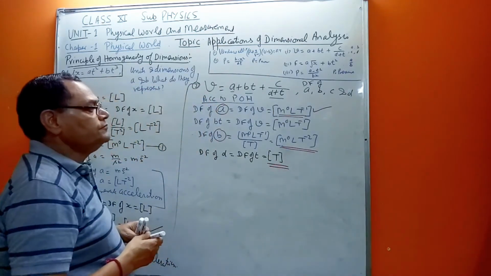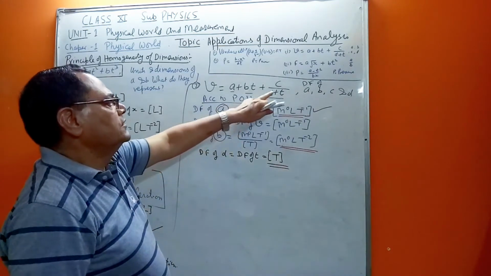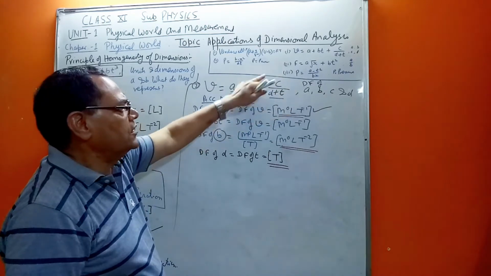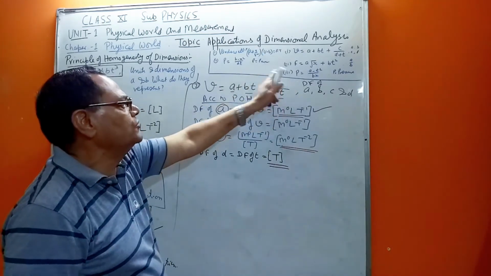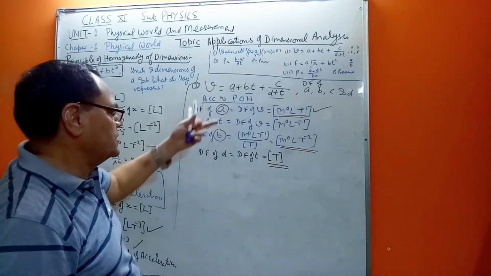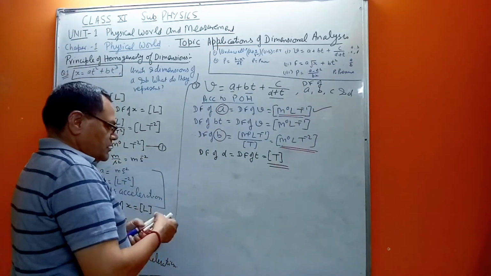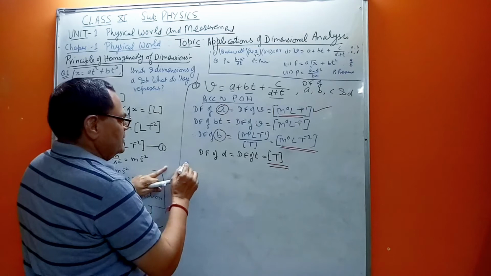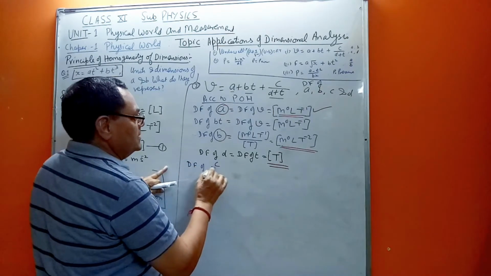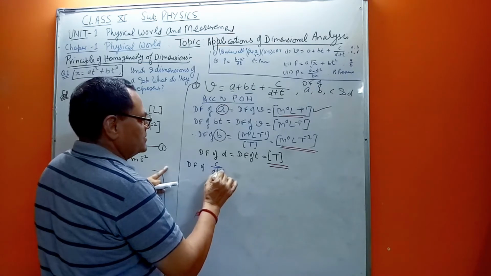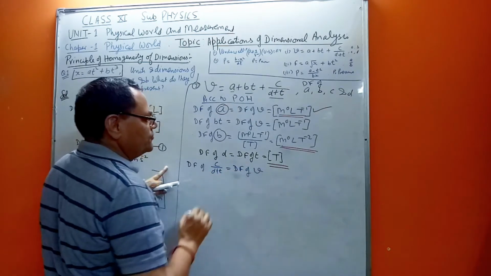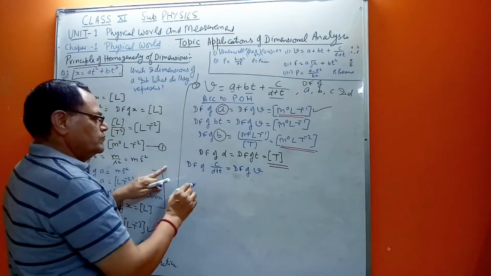Clear? And now we have to find the dimension of c as well. This whole term, the third term in this expression, will again have the dimension of velocity. So the dimensional formula of c upon d plus t will be the dimensional formula of v.